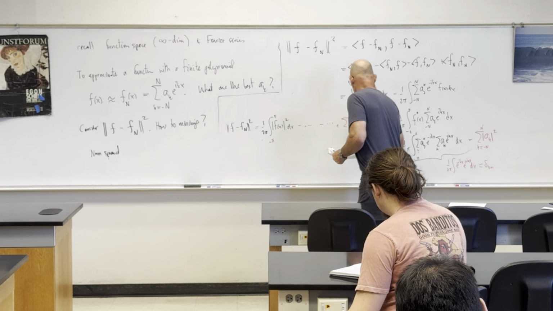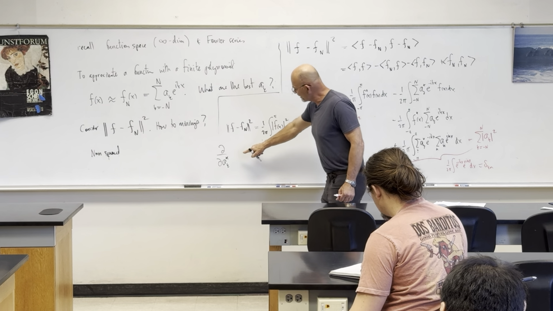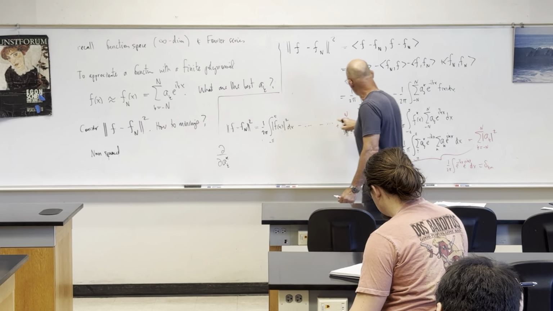So what we want to do is take the partial derivative with respect to a sub k star, because now we're going to minimize with respect to those coefficients. So of this whole thing, we want to write down what that is.